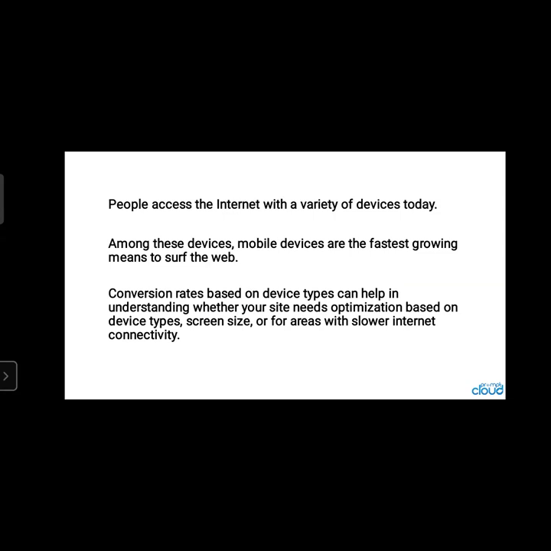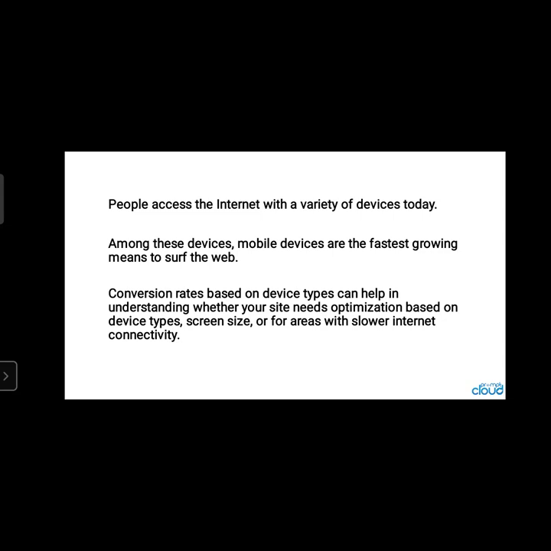Now, which devices are used and how is conversion possible and proportionate to the devices used? Let's see. People access the internet with a variety of devices today. I hope all the things which I am explaining you, you are going through them and able to understand. Is it clear? We are going through e-commerce metrics. Yes, sir. Okay.